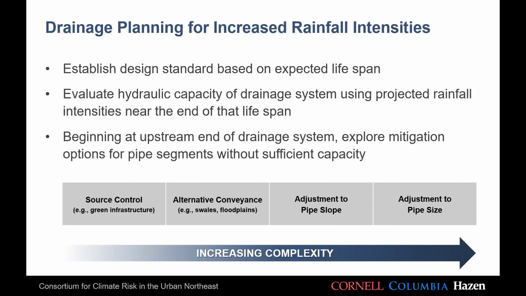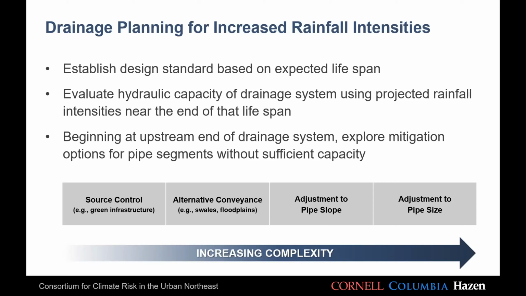The cheapest, most likely in most situations, is what's referred to as source controls. I'm sure many of you are familiar with this. The most common type of source control is green infrastructure, and these just cut off the runoff at the source. They promote infiltration to reduce the runoff from entering the sewer system in the first place. Alternative conveyance methods such as swales and floodplains can also be explored.